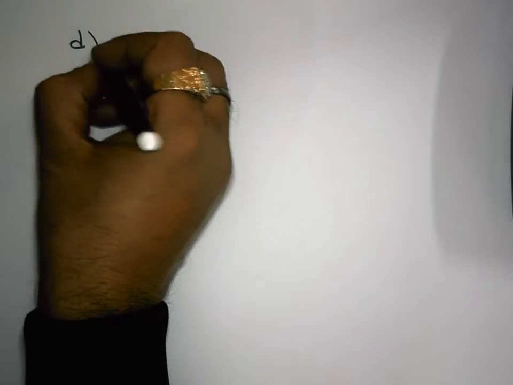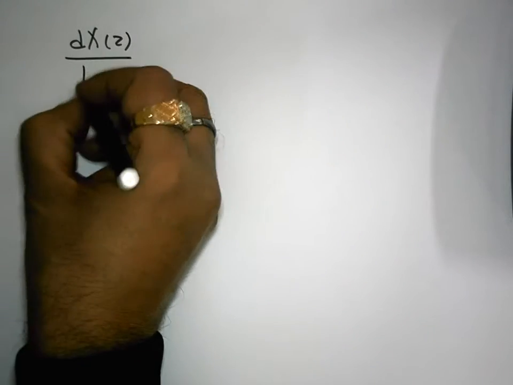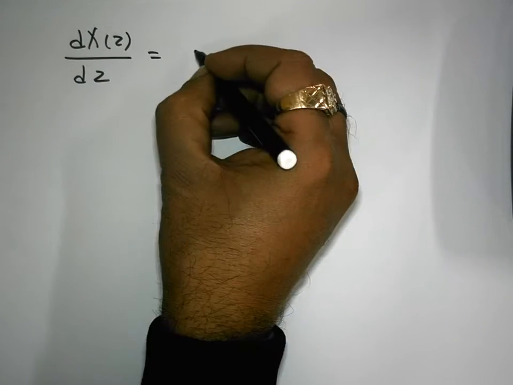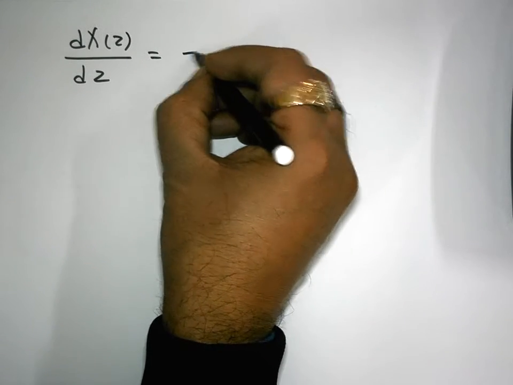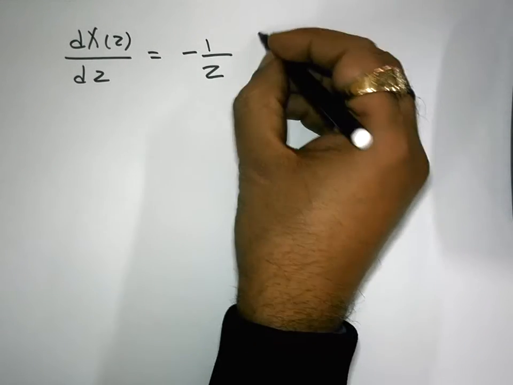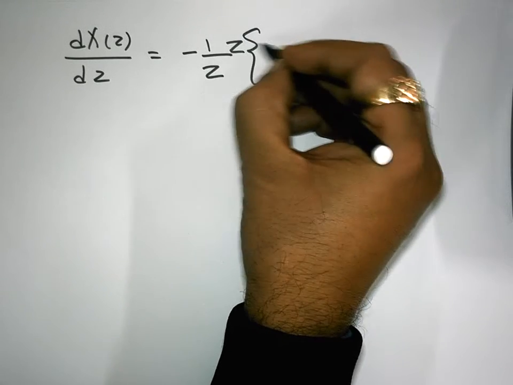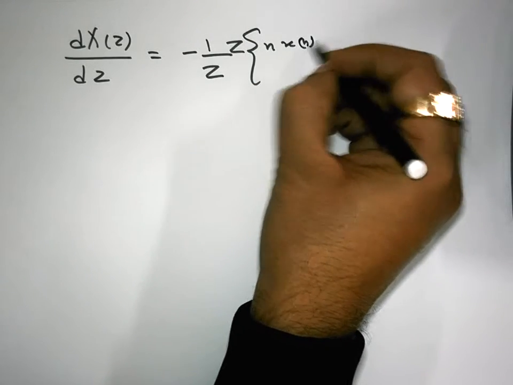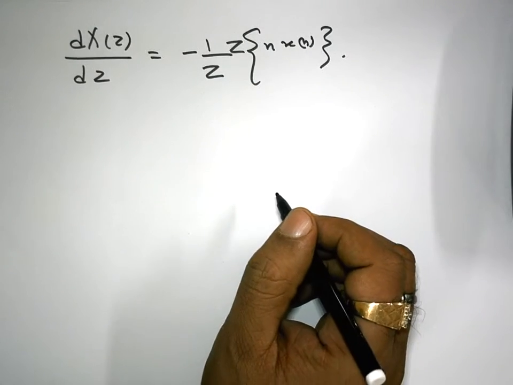So simply if we do some mathematical manipulation, this is equal to dX(z) over dz equals minus 1 over z times the Z transform of n x[n]. This may be written like this.